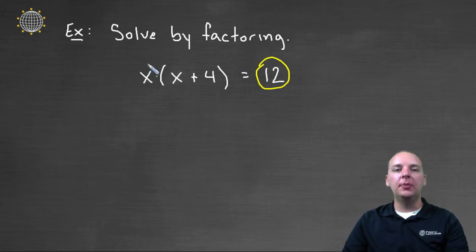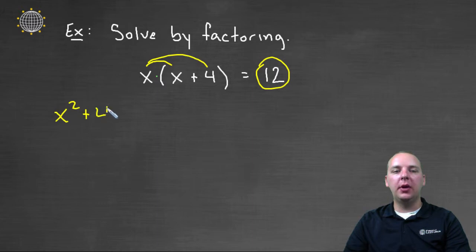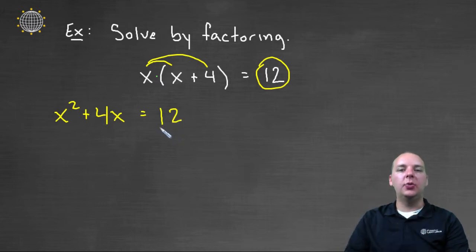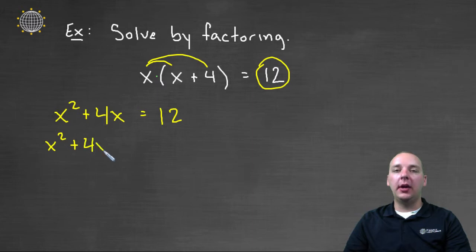So what I think we can do is go ahead and distribute this out so we can see all of our individual terms, and we get x squared plus 4x equals 12. Now we'll set it equal to 0 by subtracting 12 from the left-hand side. We get x squared plus 4x minus 12 equals 0.